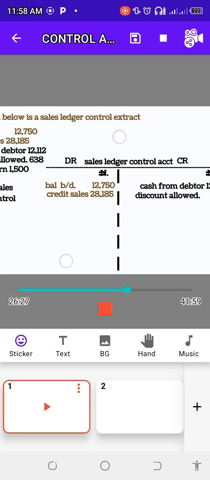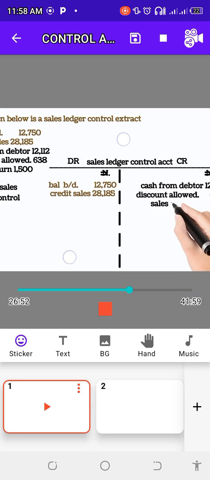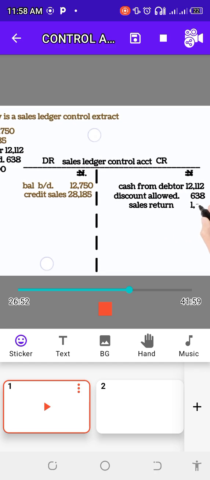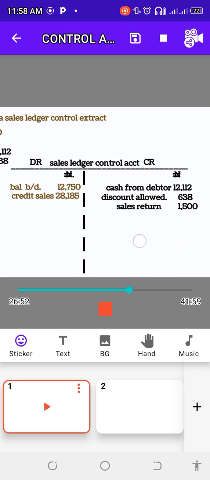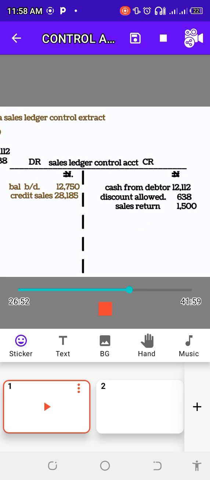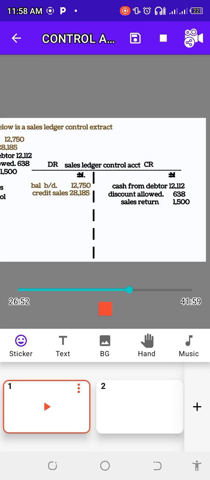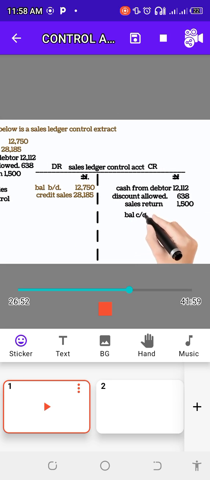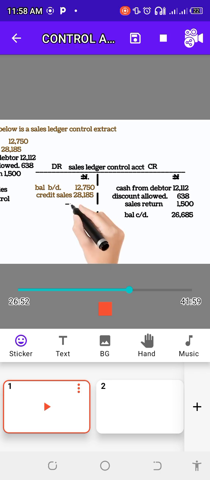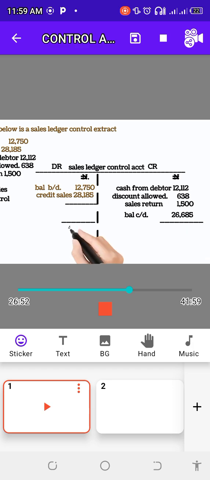The last thing in the question is sales return, which is 1,500, and that is all. Then we sum the two sides, the debit side and the credit side as usual, recognizing the difference and inserting the difference in the lower side.